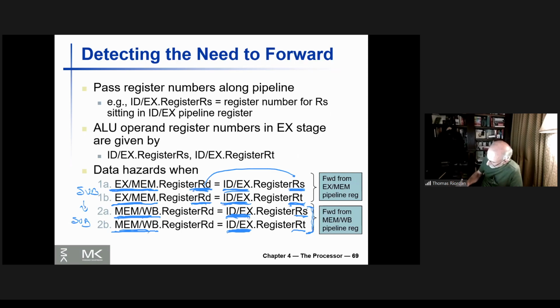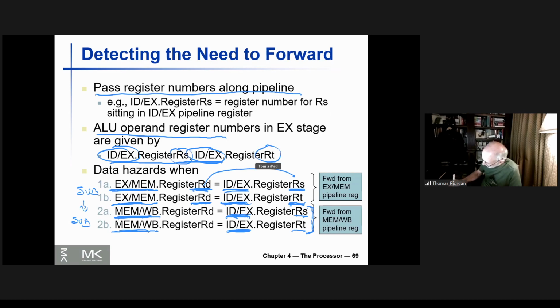So again, here he says you pass the register number along the pipeline. That's our RD value getting passed along. And the ALU operand registers are again the ID/EX ones, RS and RT.